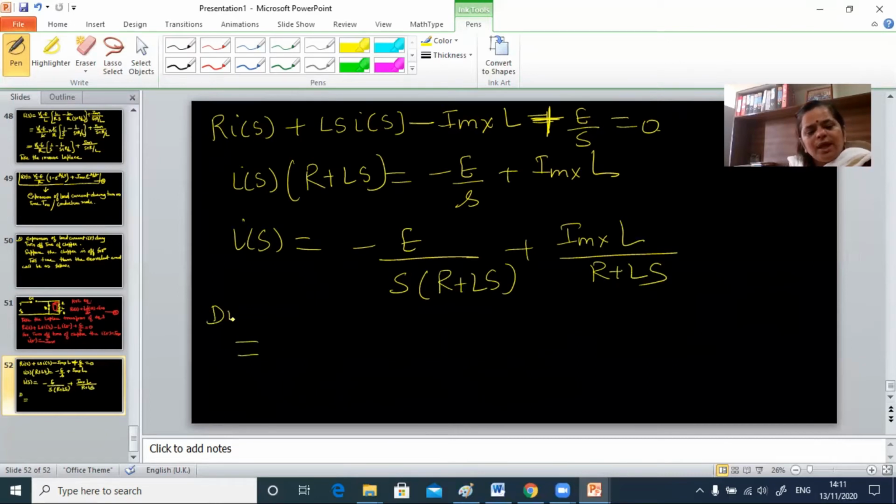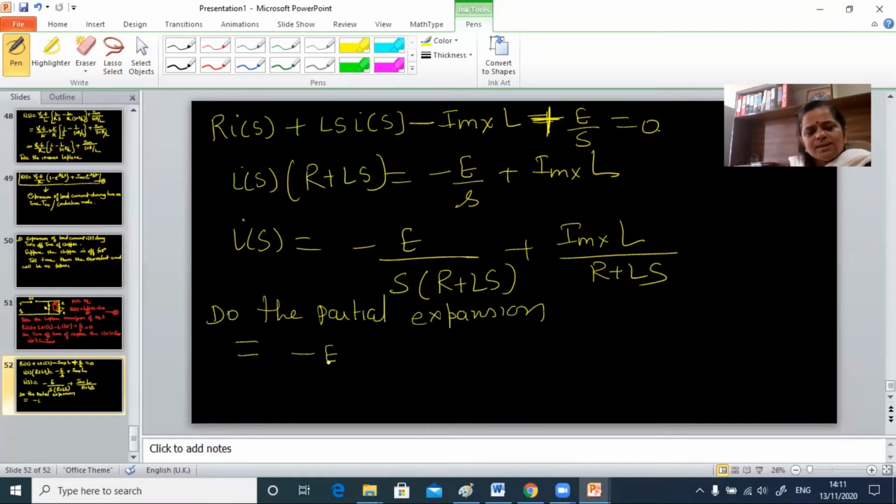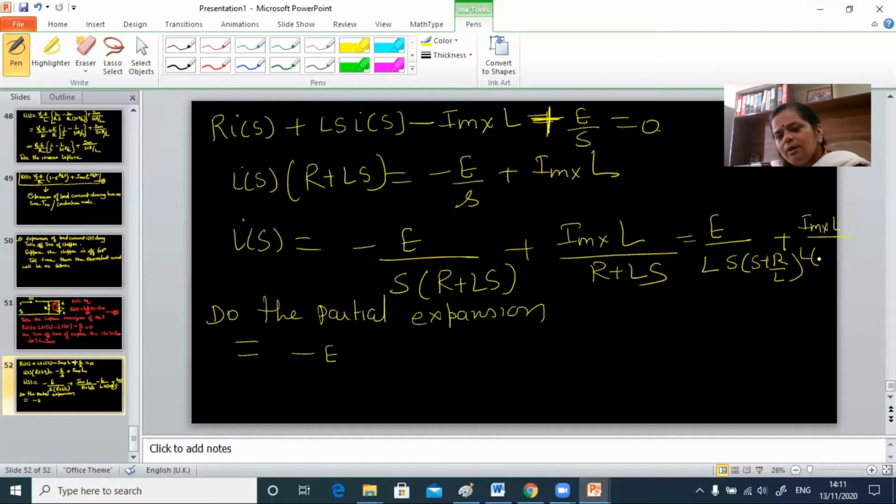Now do the partial expansion. So what I am going to get? Minus E. Before partial expansion, let us take L common. So E by L, S plus R by L, plus I max L, फिर से कॉमन लेंगे तो R by L plus S. So L से L cancel. So what I am going to get?